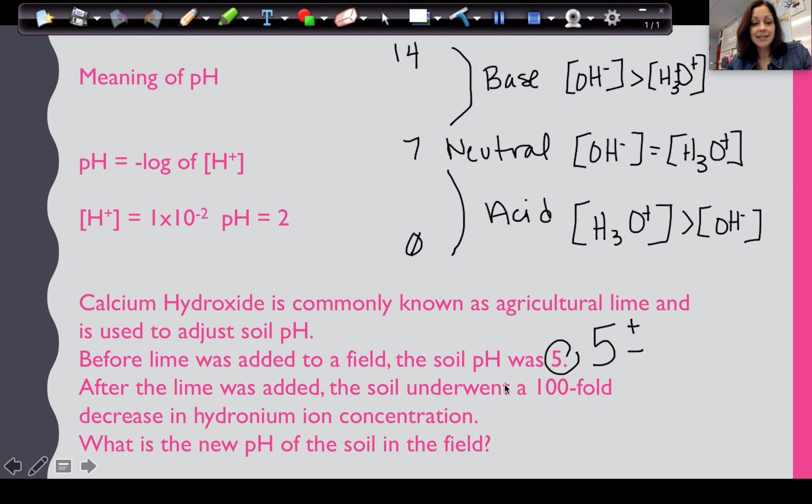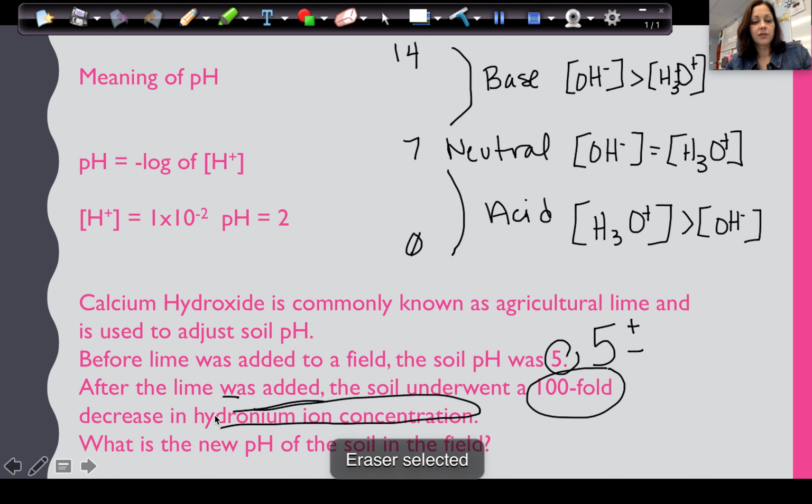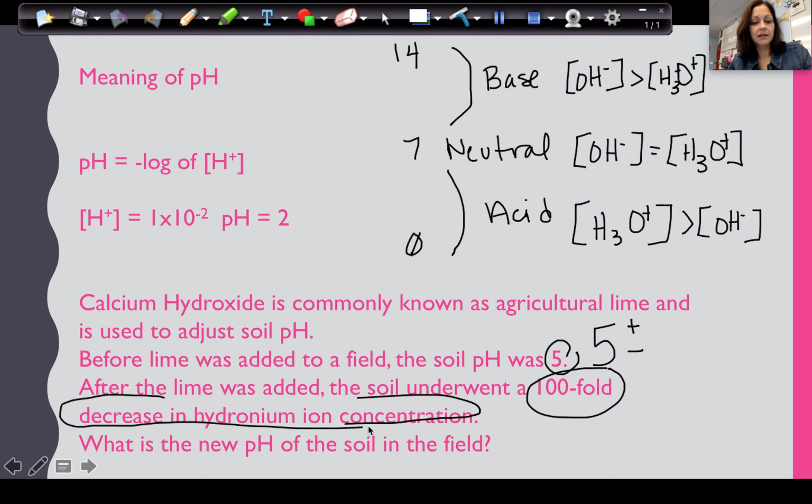Now, it says that the soil underwent a 100-fold decrease in hydronium ion concentration. Sorry about that sloppy circling there. So it decreased the hydronium. If we are decreasing hydronium, we are getting less acidic, and 100-fold, the number of zeros, tells us that we're moving 2 places on the pH scale.